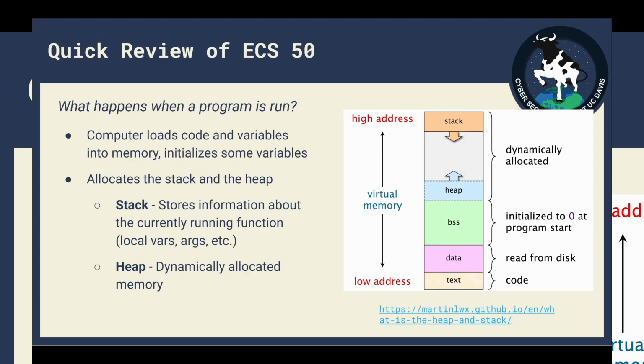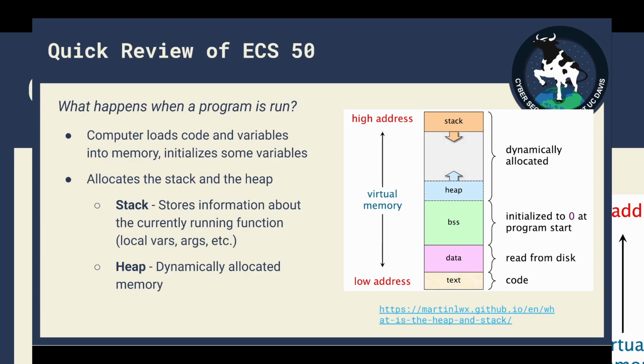Well, you've probably seen some familiar terms here. There's a stack, there's a heap, there are some data segments. This is essentially what a program looks like when it's loaded into memory. You have your code in a segment called text. You have some memory in a data segment, and then you have the BSS, which is a bunch of variables that are initialized to 0 at program start.